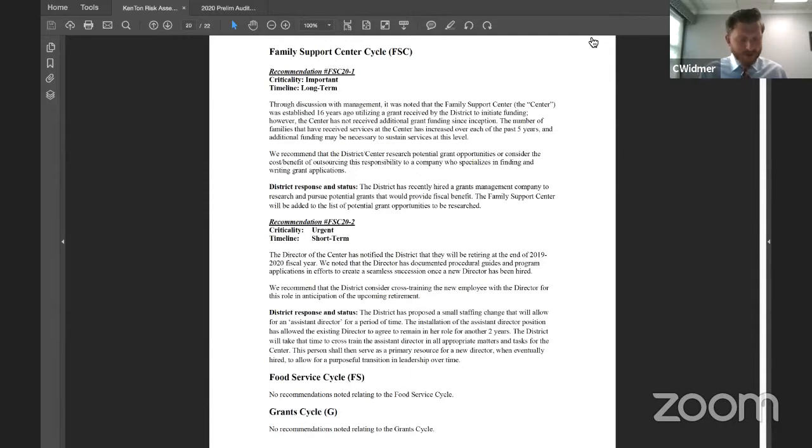So we noticed that and thought it made sense to bring up the recommendation to essentially get a succession plan in place. And the district responded just about as best you can do. They made it so that a staff member could come in and be cross-trained by the director, and the current director would be able to stay on in a part-time capacity for another 2 years.